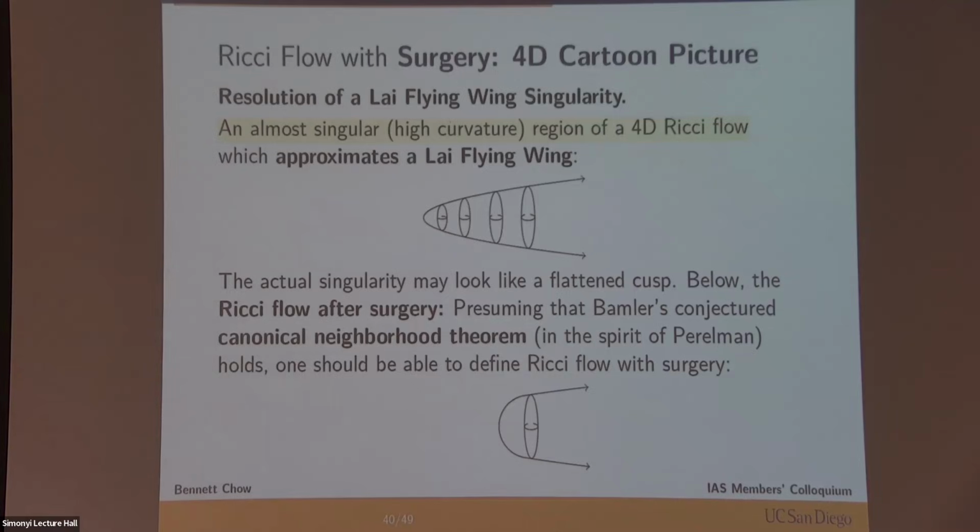A more precise way to think about that is that you'd have a canonical neighborhood theorem in the spirit of Perelman, namely that the high curvature regions of Ricci flow are epsilon close to singularity models and all that. But in any case, surgery should also be possible. If it's really like Eli's flying wing, there would be no topology change, just like a degenerate neck pinch has no topology change.